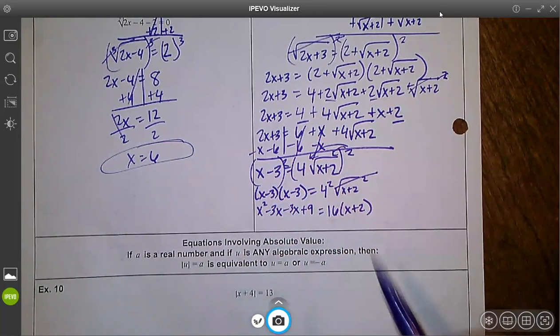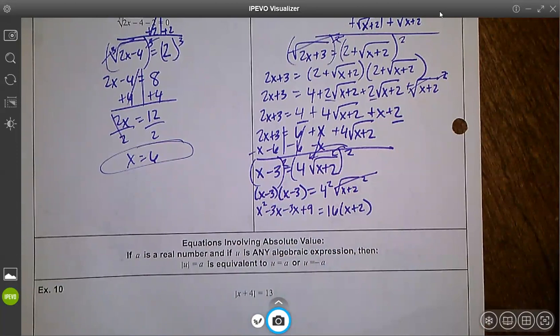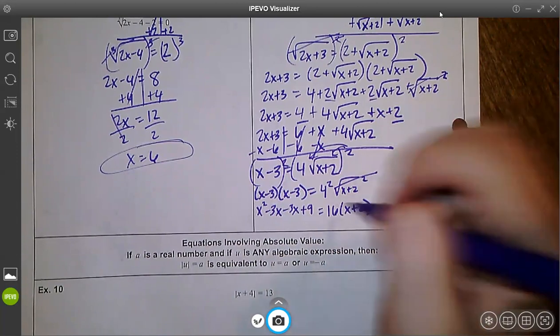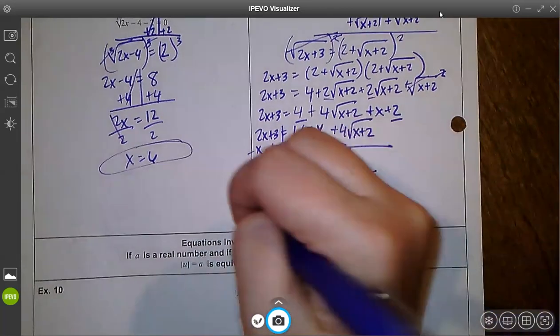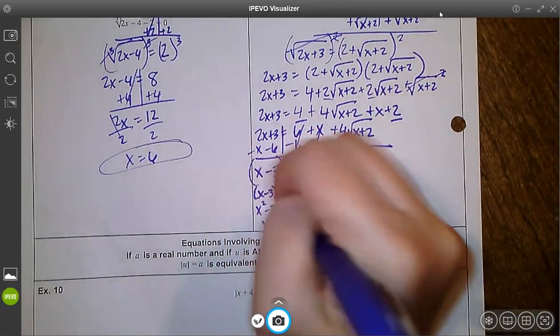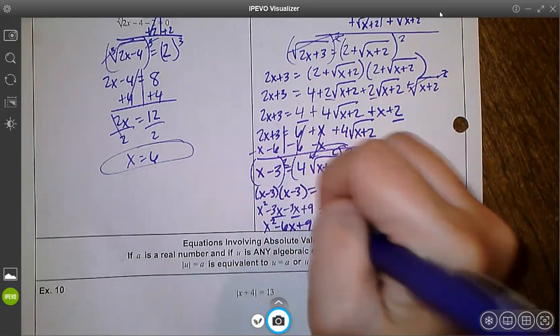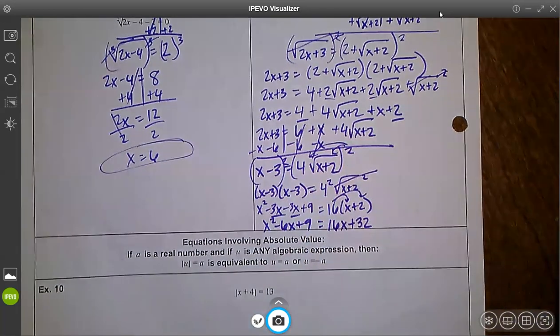Times x plus 2, you're still multiplying there, so that part doesn't just go away. And you have to distribute your 16. Combine my like terms, x squared minus 6x plus 9 equals 16x plus 32.